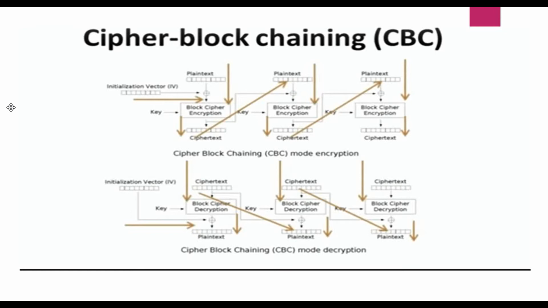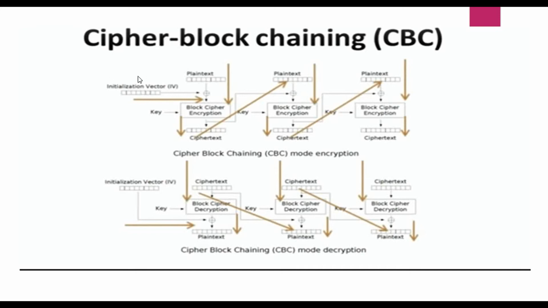We got the plain text. Now what we do here, we use something called an initialization vector also. The initialization vector, as the name suggests, is used to initialize the complete encryption process. On the plain text, we XOR the n bits of our IV.